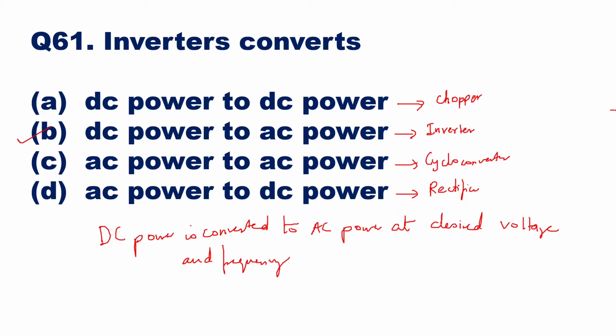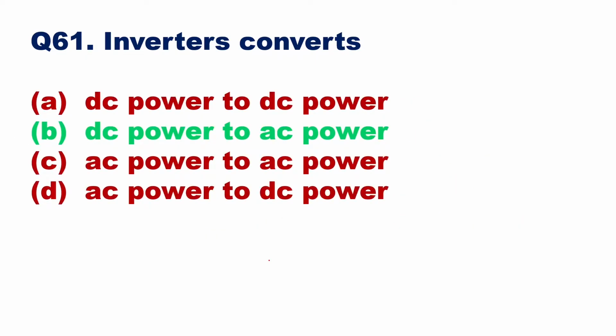Inverter is a circuit which converts DC power into AC power at the desired voltage and frequency. In most of the inverters, both these quantities, that is the output voltage and frequency, are required to be controlled. So this is the basic definition, and here option B is the right answer, DC power to AC power.